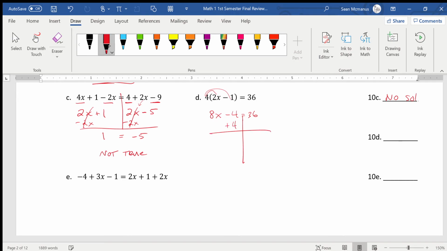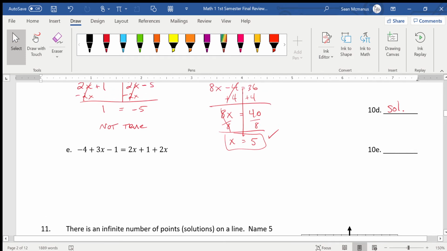So if we add 4 to both sides, and we already have the x's isolated, so let's get all the constants on the other side. So that cancels out. 36 plus 4 is 40. And then I divide away the 8. X equals 40 divided by 8 is 5. So D, there is a solution, and the solution is x equals 5.